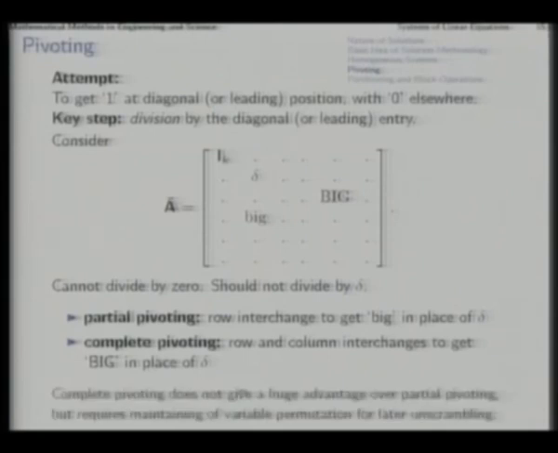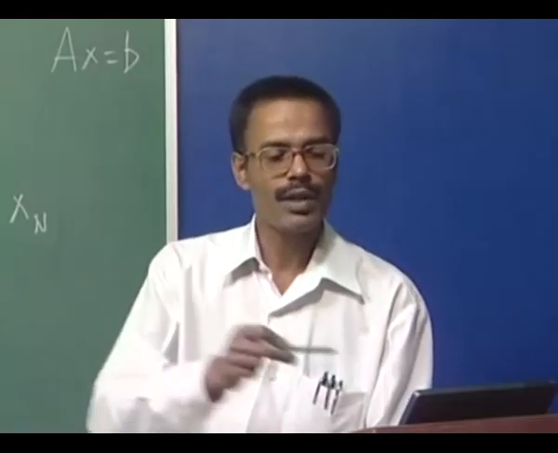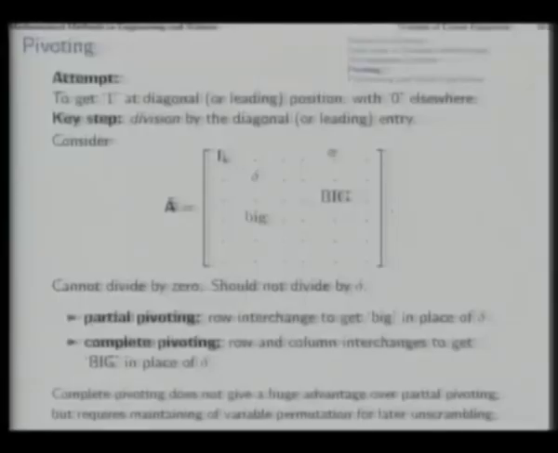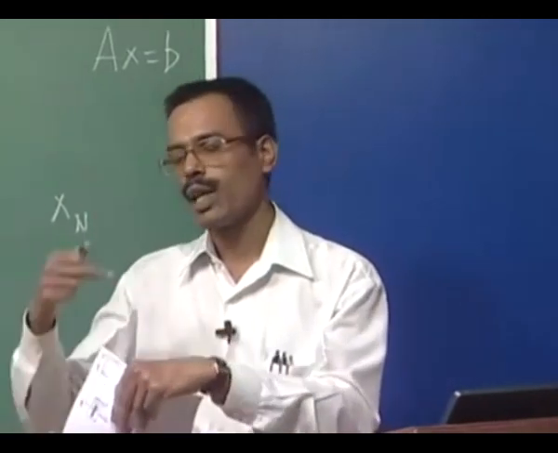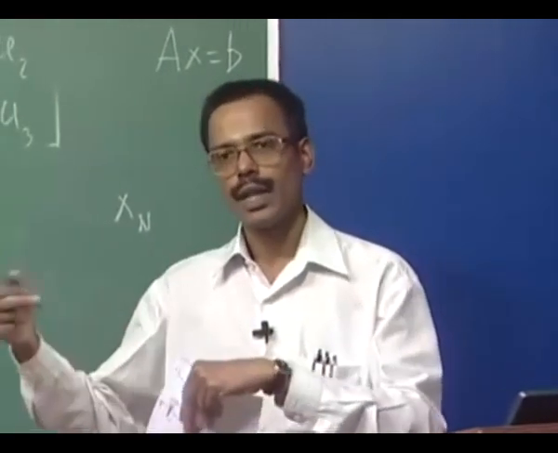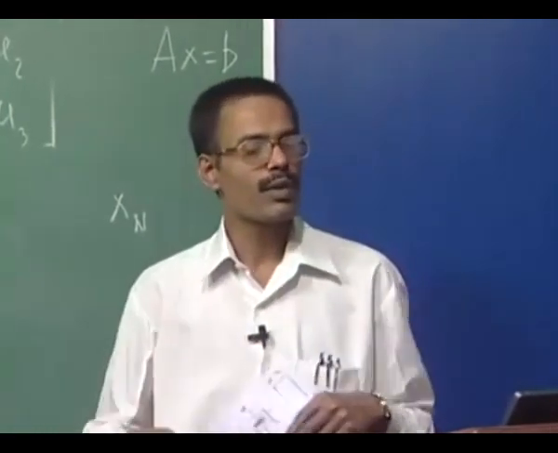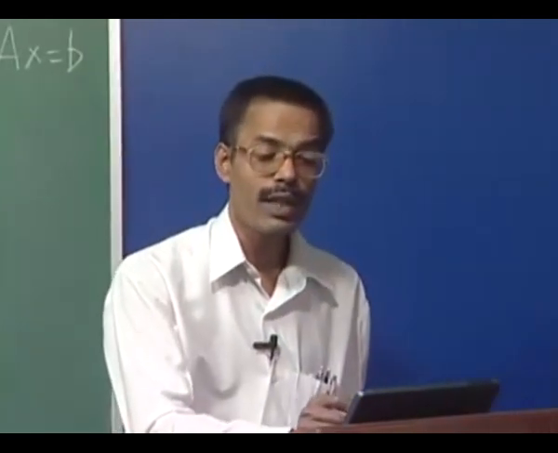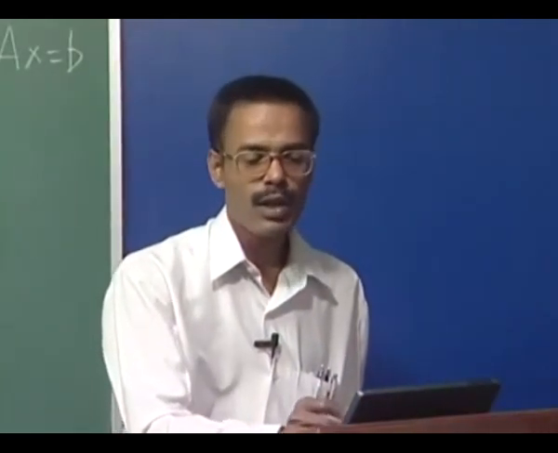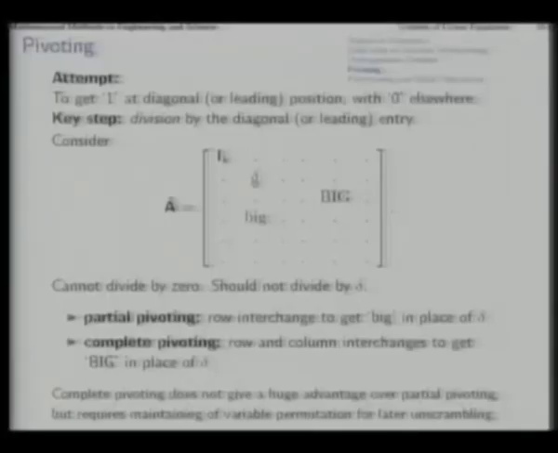Complete pivoting does not give a huge advantage over partial pivoting, but requires maintaining a variable permutation, because column interchange will mean that the variables x1, x2, x3, x4 actually get permuted. So, that extra bookkeeping you have to perform if you decide to do complete pivoting. On the other hand, partial pivoting is much simpler to handle and it accomplishes the task to a satisfactory extent.